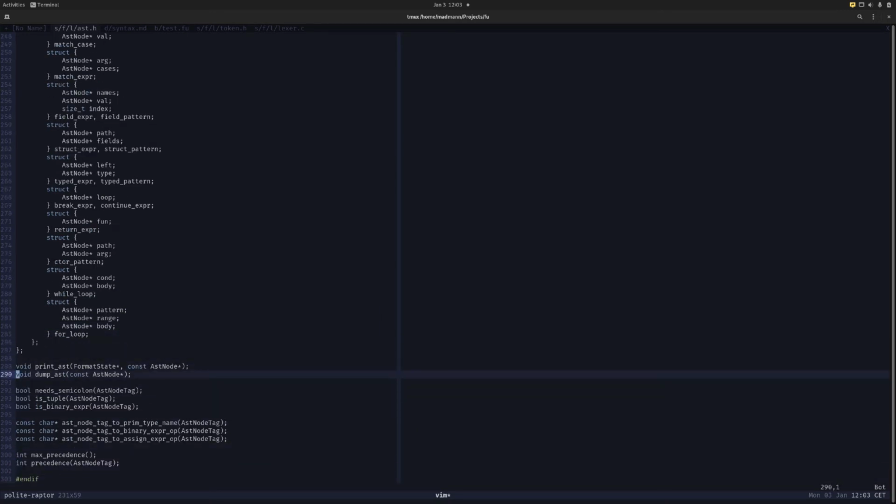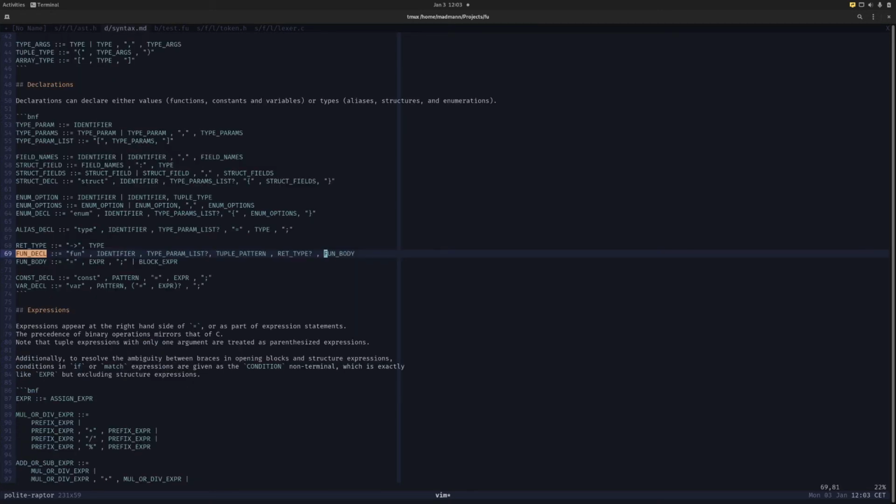Then there are some useful functions. A function to print it in a nice way on the output. A function to dump it, and that's for debugging, because when you call print, you need to have a formatting state. And if you're in a debugger, you don't have a formatting state. So having a dump of an AST allows you to just print it on the output without caring about allocating this object. And then there's of course a couple of properties, like whether or not the statements need a semicolon.